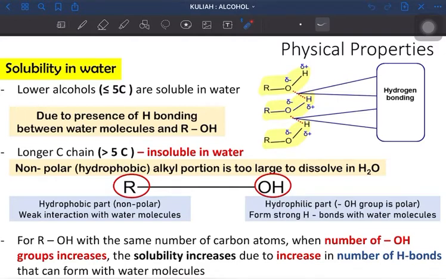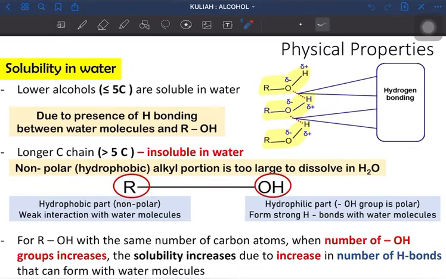Okay, and then kalau kita ada longer carbon chain, okay, yang ada more than 5 carbon, dia akan jadi insoluble in water. So makin panjang kita punya carbon chain kita, makin kita punya alkohol tak soluble in water. So kenapa macam tu? Sebab kita punya alkyl group kita ni, carbon chain kita ni, dia adalah hydrophobic alkyl.